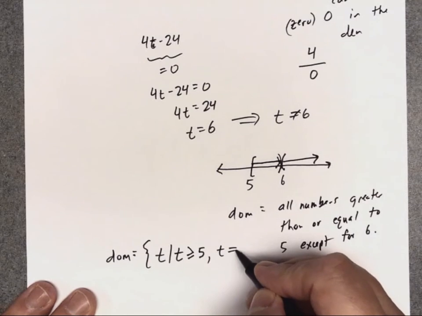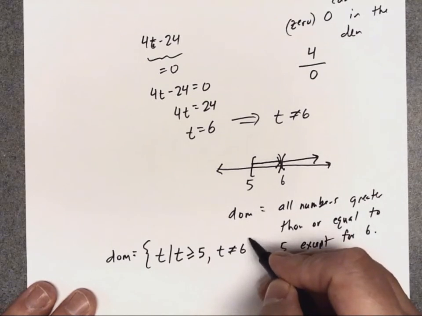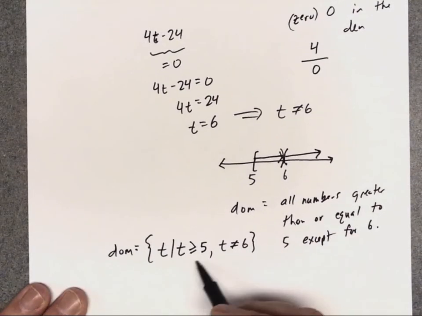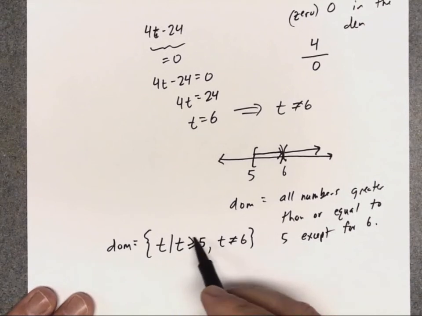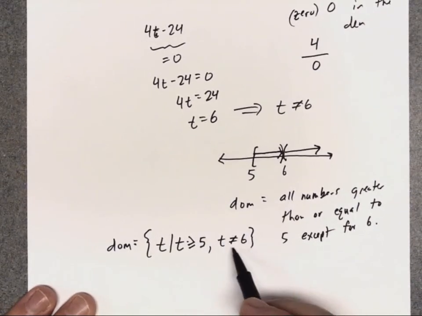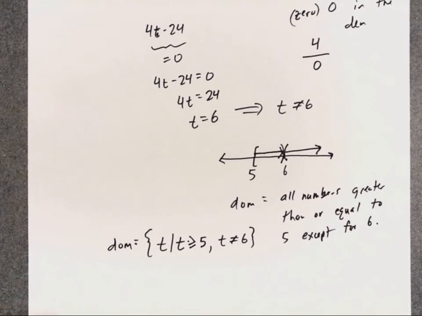So then we write t, but t cannot equal 6. So this says my domain are all the values of t greater than or equal to 5, with the exception of t equal to 6.